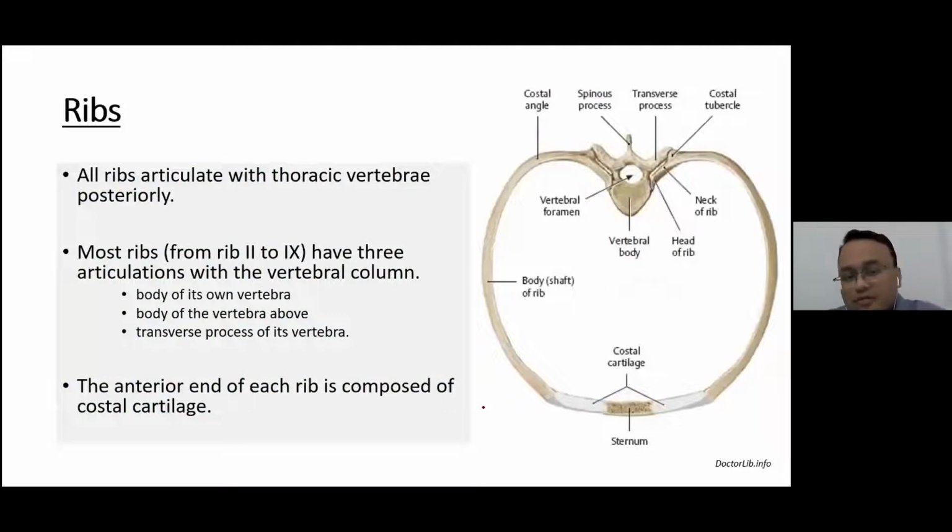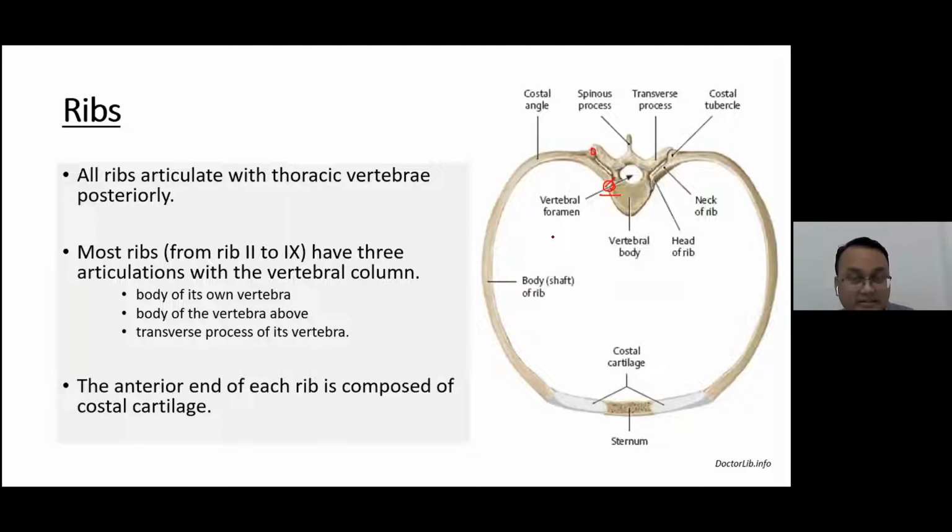Now, all the ribs, remember, articulate with the thoracic vertebra. Okay, they are in connection. They have articulation surfaces with the thoracic vertebrae. Most of the ribs have three articulations with the vertebral column. They are in articulation with the respective vertebra, as well as the one above it, and also with the transverse process of the respective vertebra.